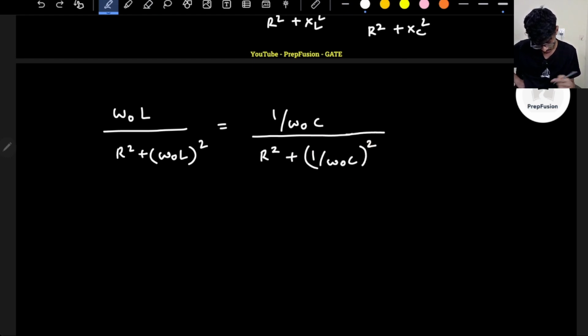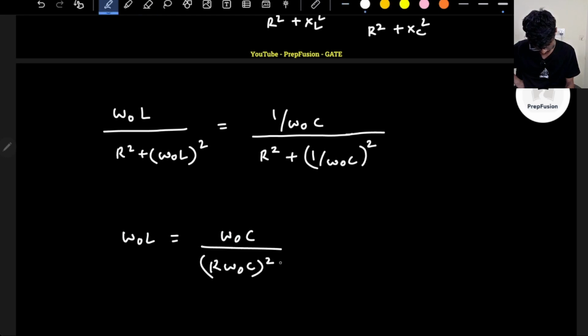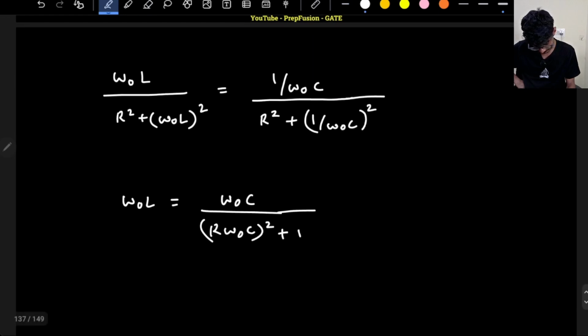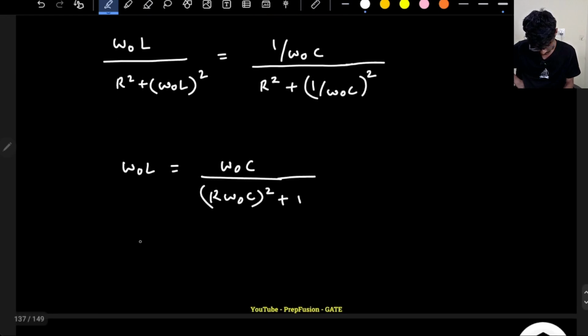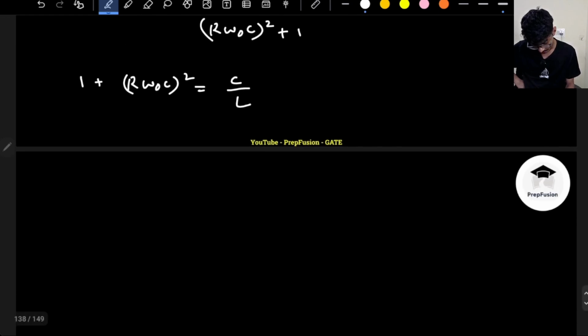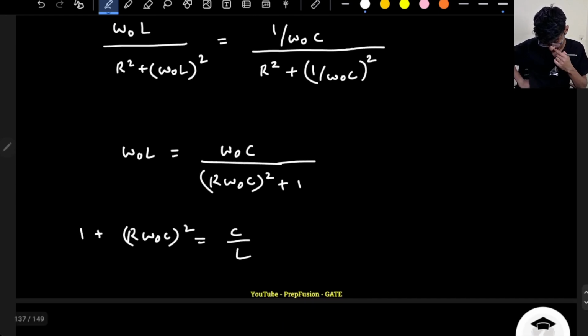If I multiply omega naught C whole square on both sides, omega naught L equals omega naught C divided by R omega naught C whole square plus 1. So I will get the same condition: L by C, R omega naught C whole square equals C by L, plus 1. Ultimately, maybe I have done something wrong somewhere.